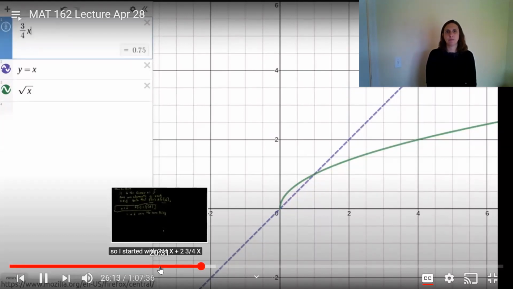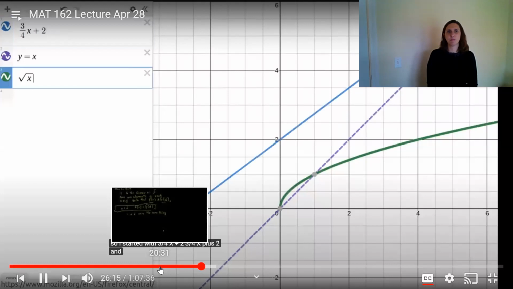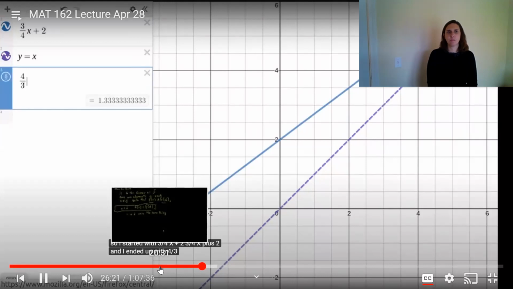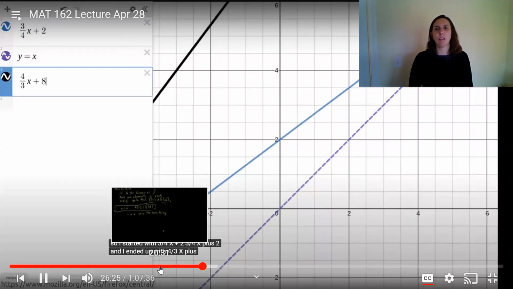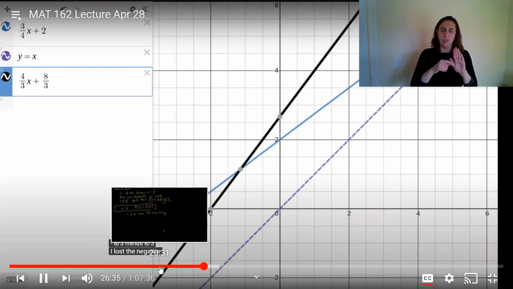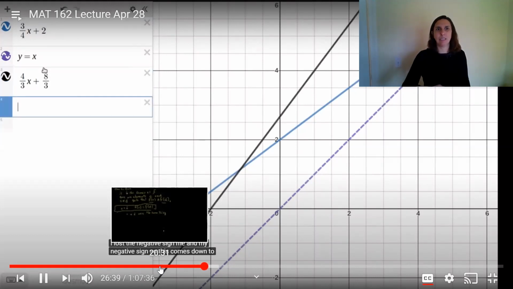And I ended up with 4/3 x plus 8/3. Should I lose the negative sign here? Or is it minus 8/3? Minus 8/3. I lost a negative sign. Me and my negative signs. So this comes down to a negative sign.